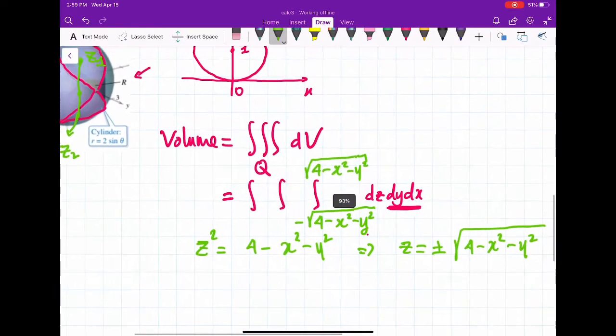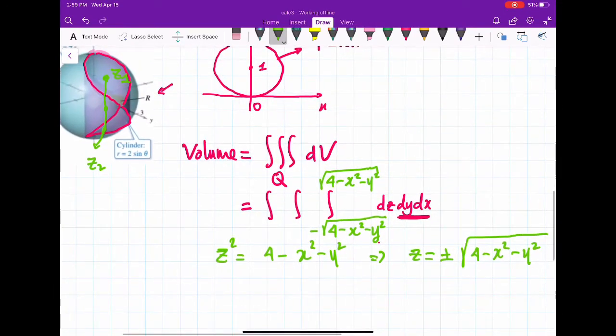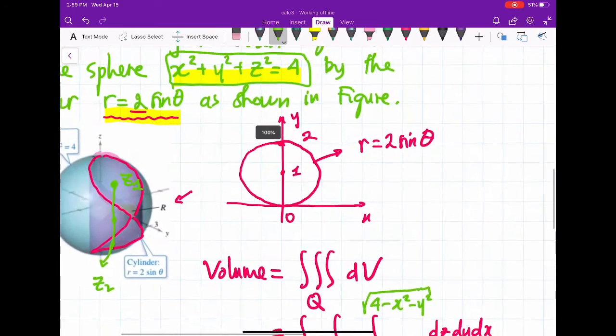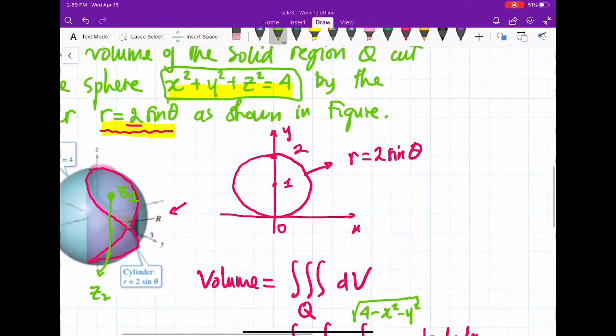And then we move to the y. In order to see the y, we need to look at this picture. Make sense? It's for this picture, that is the circle centered at 1, right? Radius equal to 1. So you can write the equation of the circle. That is x squared plus (y minus 1) squared equal to 1.